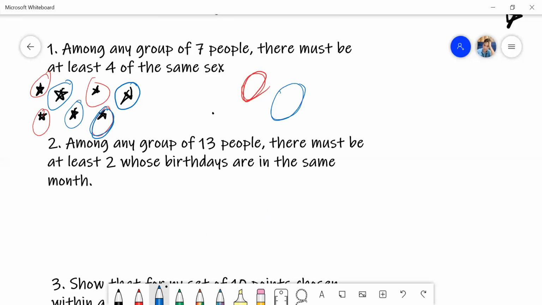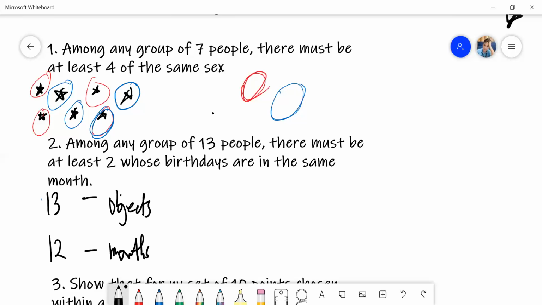So let's consider number 2 here. Among any group of 13 people, there must be at least two whose birthdays are in the same month. So there are 13 people here, and these are the objects. There are 12 months in a year.